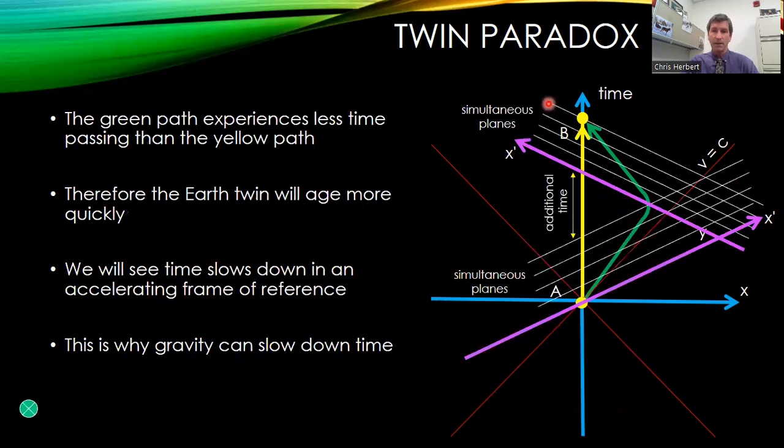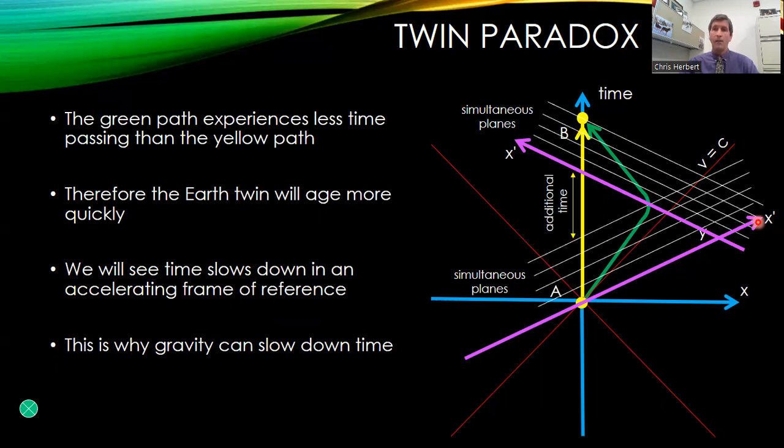So when we look at this, here's what's happening. I tried my best to superimpose one frame of reference onto the original frame of reference. So this arrow right here represents my x prime, okay? Once I reach speed and I'm moving at a constant rate away from the Earth, and that astronaut twin is heading toward Alpha Centauri.